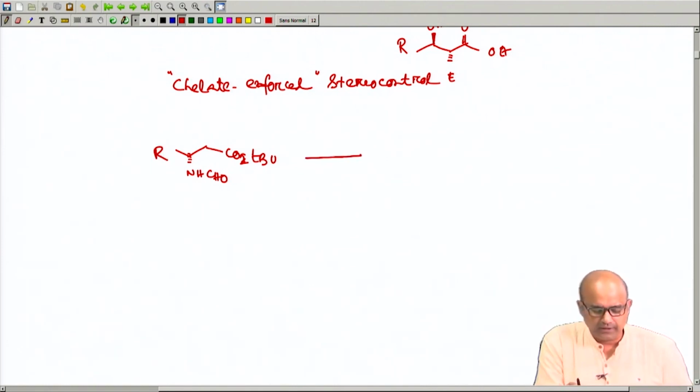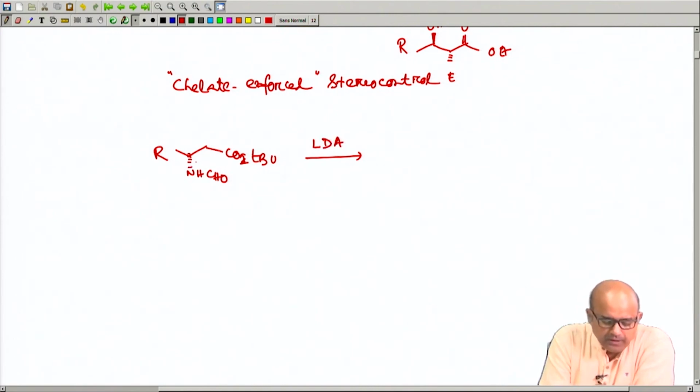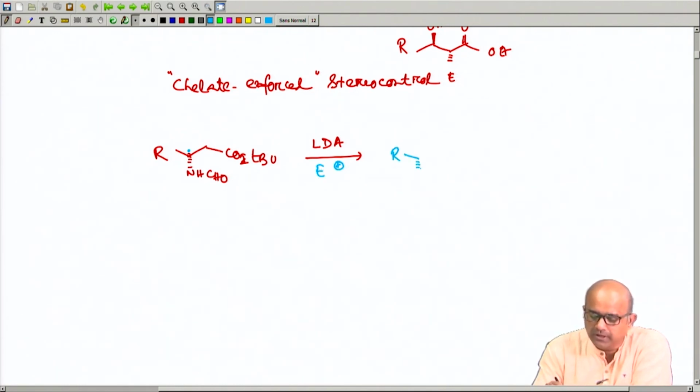In this case also you will find that this NHCHO has a typical role. You treat with a base, and as this will be blocking the alpha face, because the stereocenter here, where this nitrogen is pointing below the plane. Then you add your electrophile, and the incoming electrophile will approach from the opposite face.